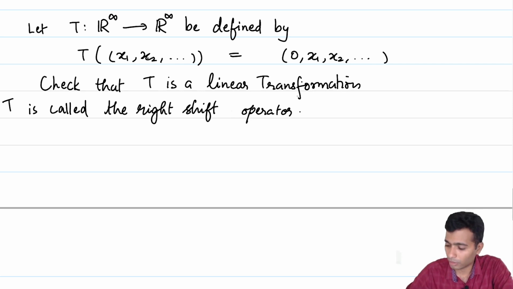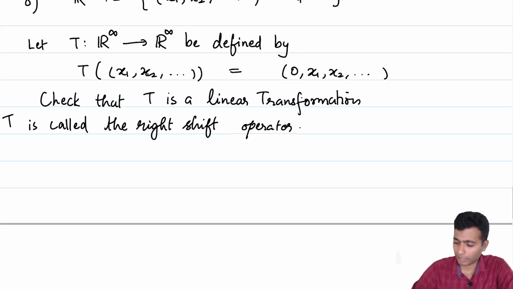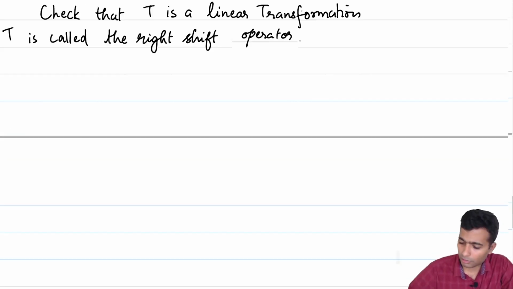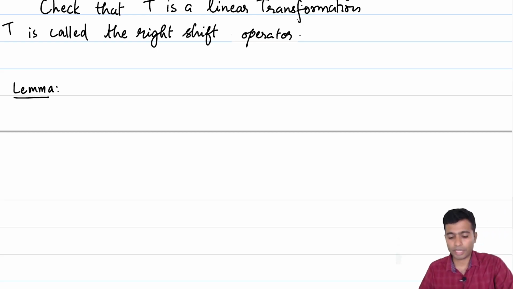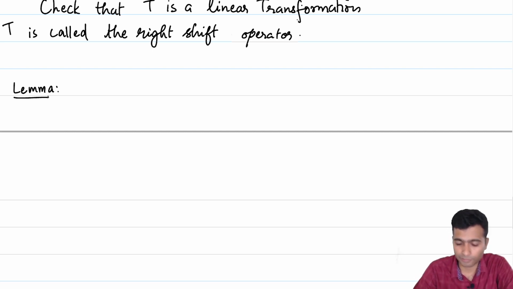Okay, so we have seen quite a lot of examples now, and we will be seeing many more examples in the next few days. Let's right now stop with examples and start studying the properties of linear transformations. The first lemma, a simple result, is that every linear transformation necessarily maps the zero vector to the zero vector.